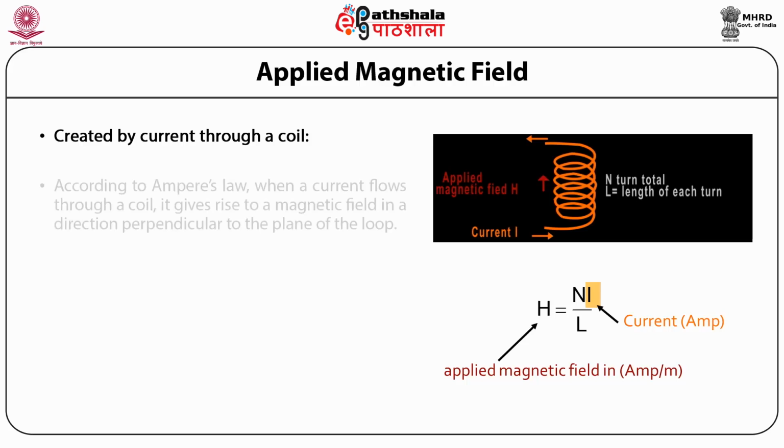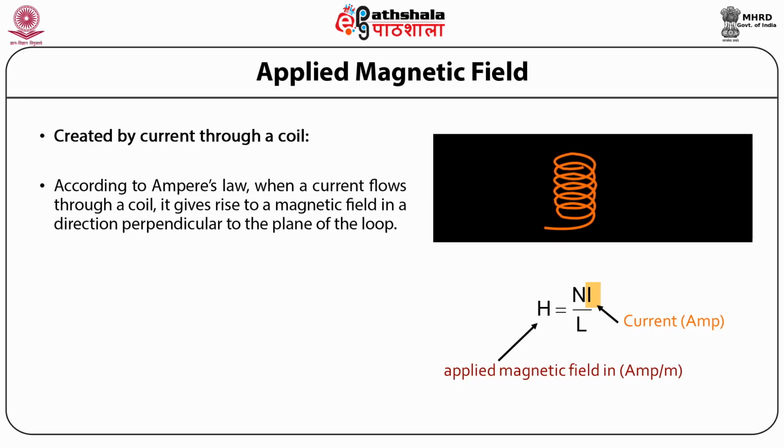Hence, according to Ampere's circuital law, when a current flows through a coil, it gives rise to a magnetic field in the direction perpendicular to the plane of the loop.